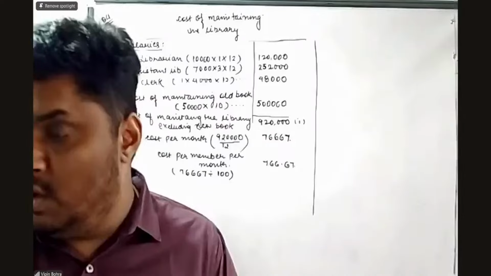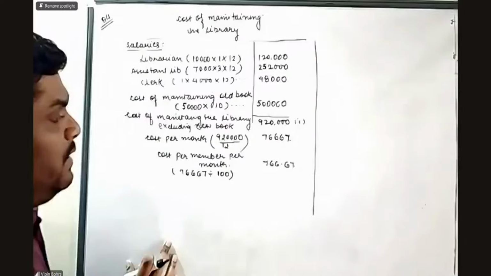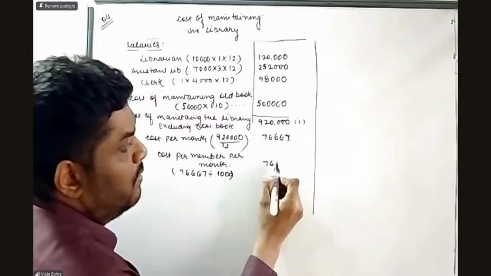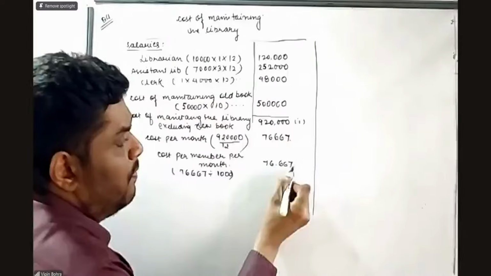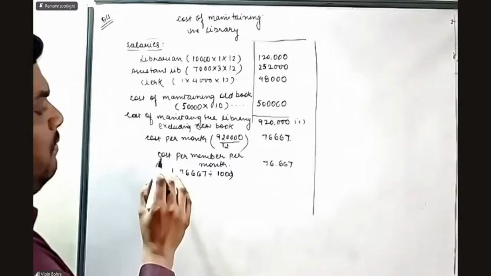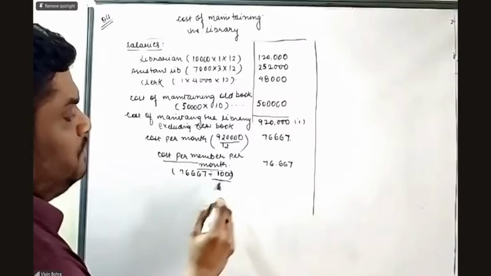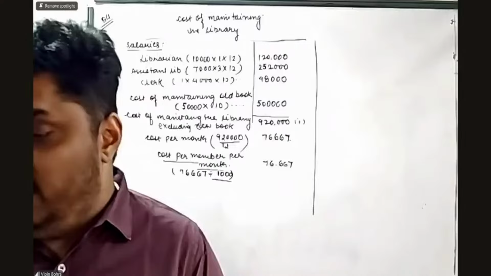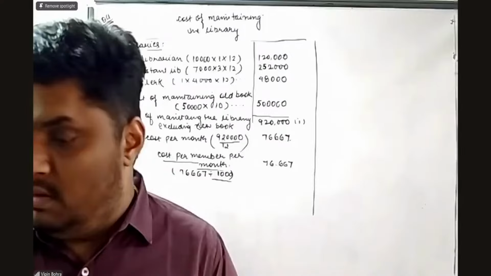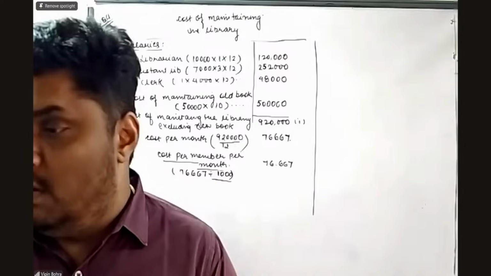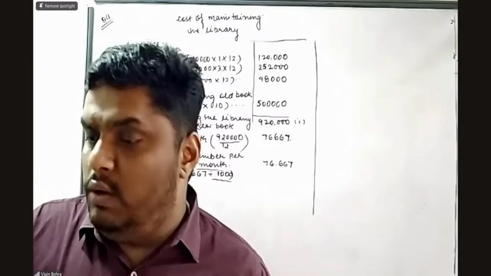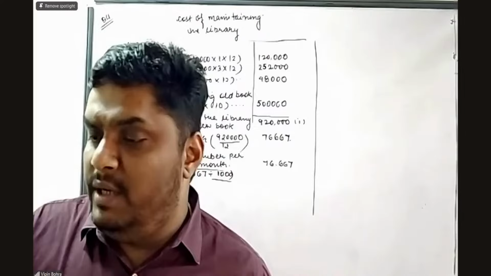Okay, the number of members is 1,000, not 100. Anyone else with any doubts or queries? Now, the next point is that you are required to calculate the net income from the library per year.